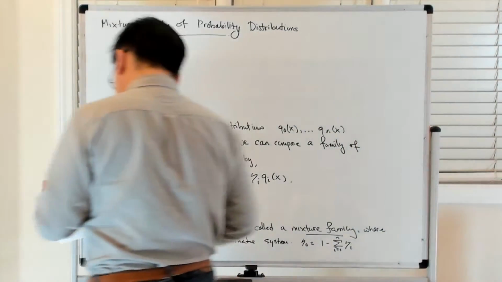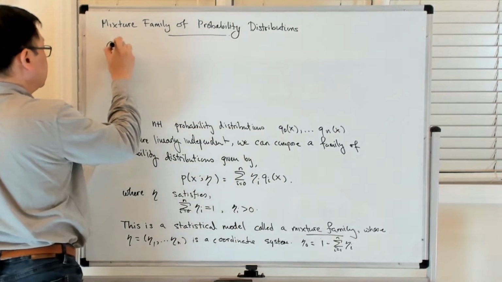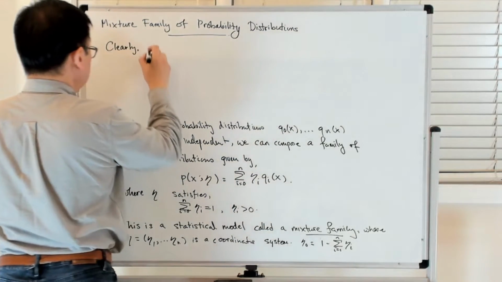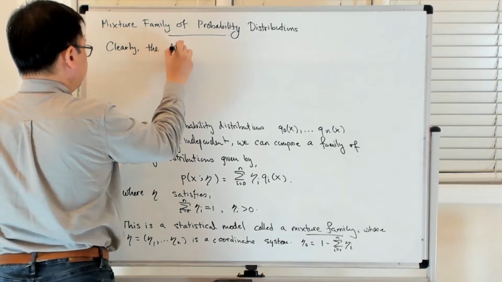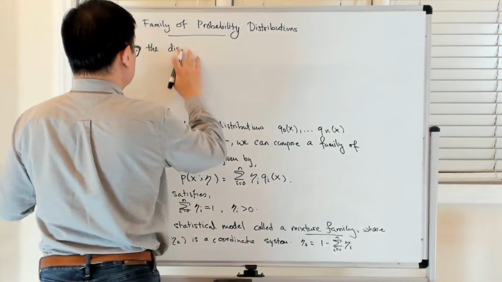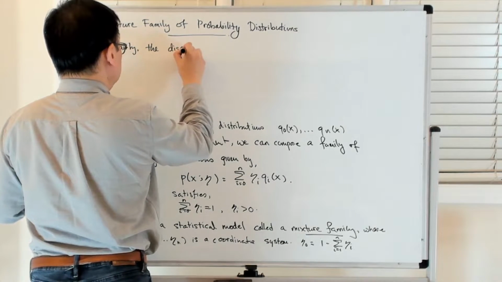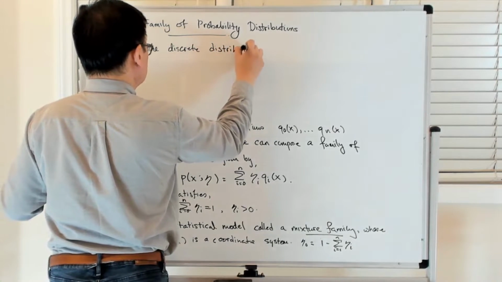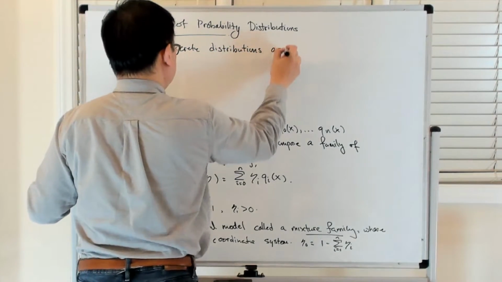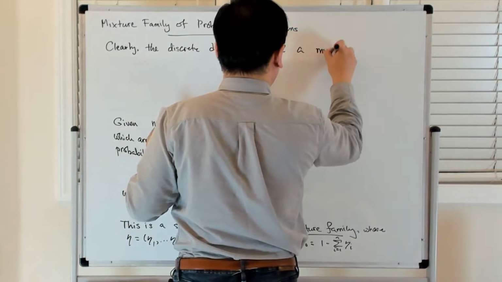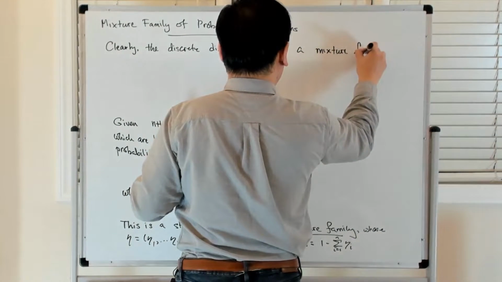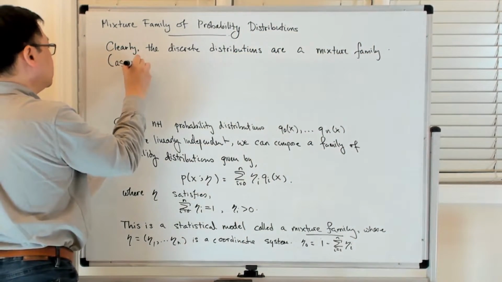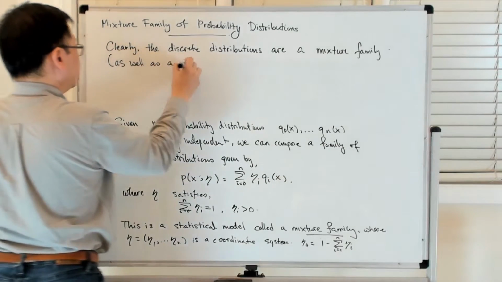So clearly, the discrete distributions are a mixture family, as well as an exponential family.